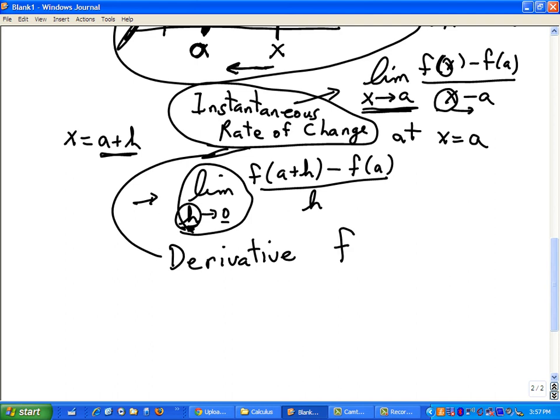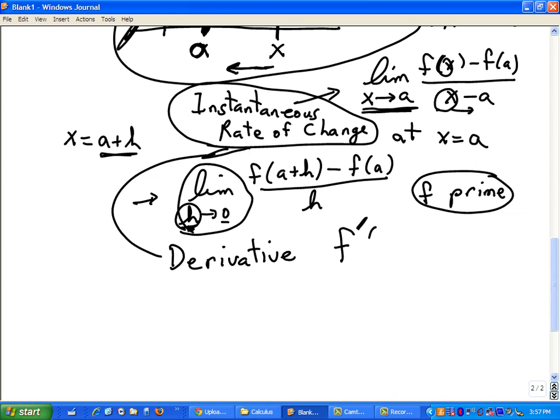It's not an exponent of 1. It's kind of a diagonal hash mark. But we call it f prime. Nothing to do with prime numbers, f prime. But this is the derivative, and it's the derivative in this case where the action is located, and that would be at the number a.